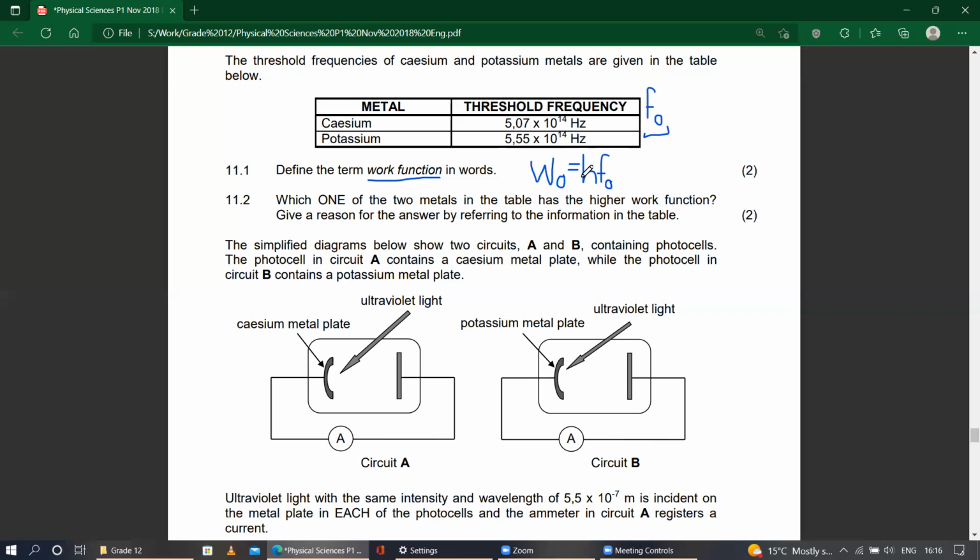Planck's constant, it's a constant, so it doesn't change. We're just gonna look at the frequencies and check which one has the higher value. So potassium has a higher threshold frequency. So in 11.2, you just state that potassium has a higher work function, and the reason is because it has a higher threshold frequency. I think that's simple enough.